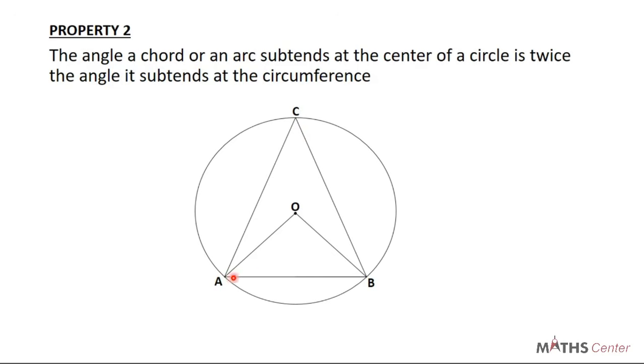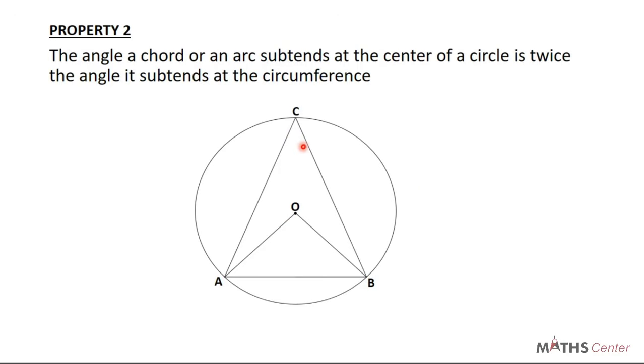Now, chord AB is forming this angle at the center, and the same chord AB is forming this angle at the circumference. The property says that the angle a chord or an arc subtends at the center is twice the angle it subtends at the circumference. So the angle subtended at the center is 2 times the angle created at the circumference.